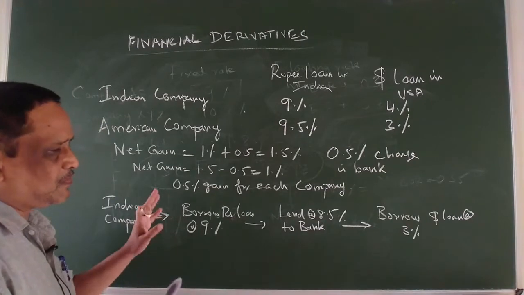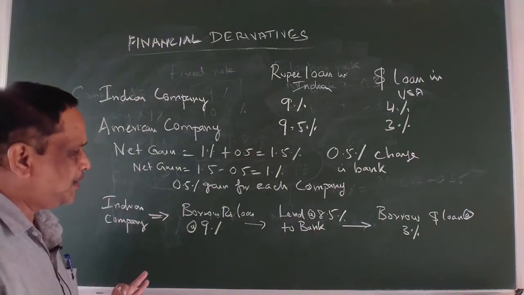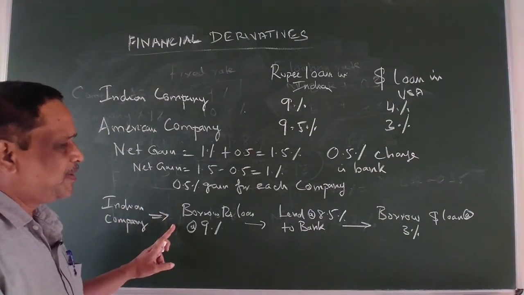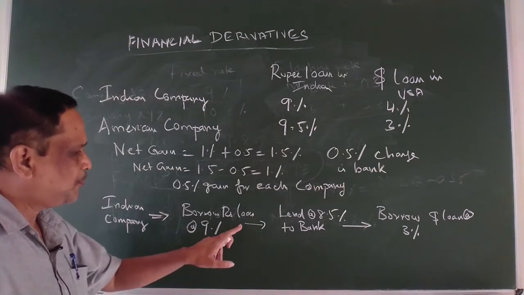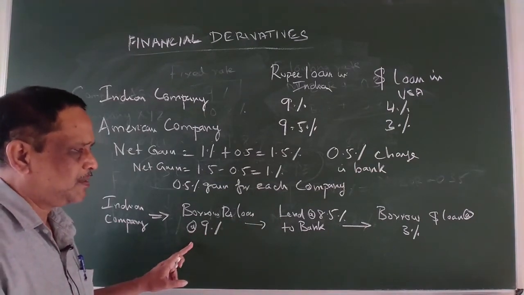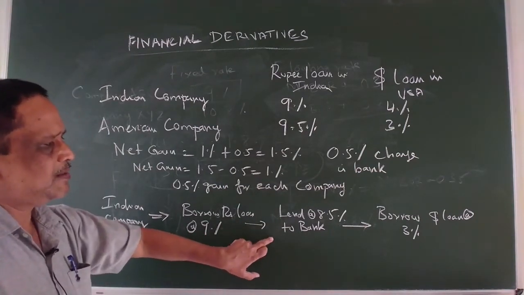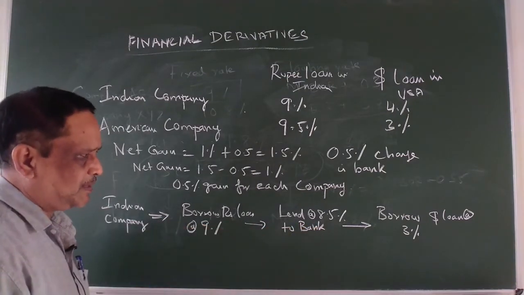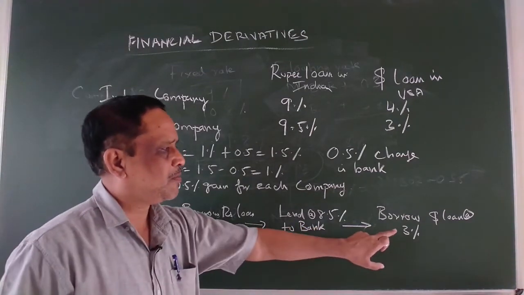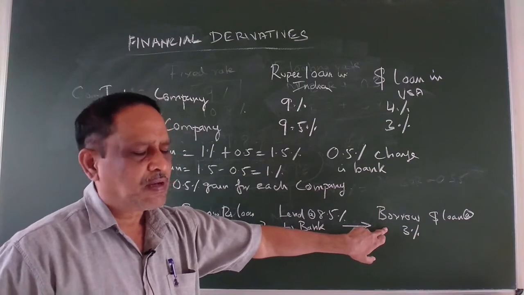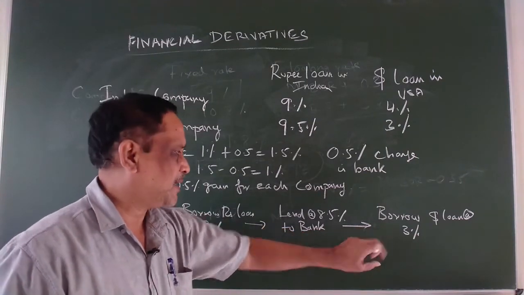So, if the swap is arranged accordingly, the Indian company will borrow rupee loan at 9% and lend to the bank at 8.5%, and it will borrow dollar loan at 3% from the bank.